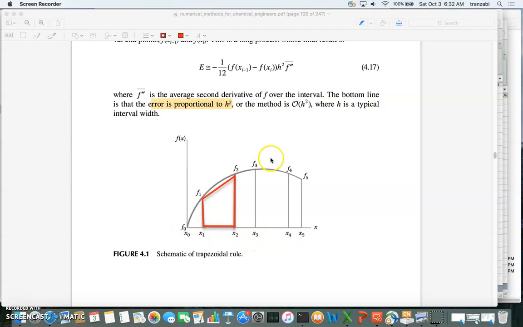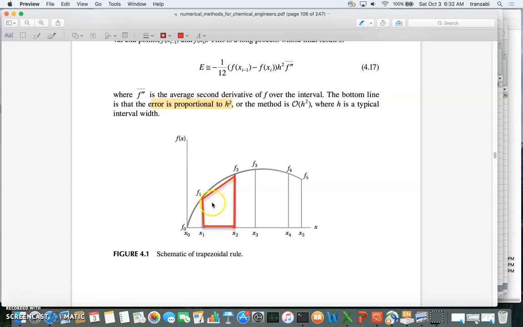So the area under the curve is approximately equal to the area of the trapezoids under the curve. Every band can be approximated by a trapezoid.